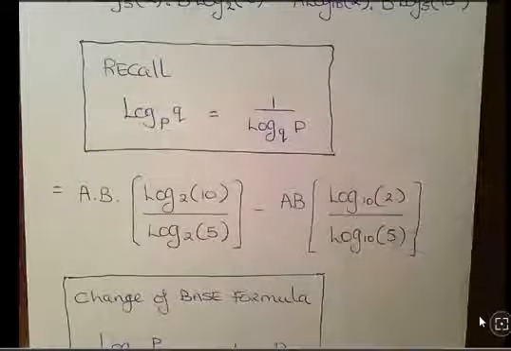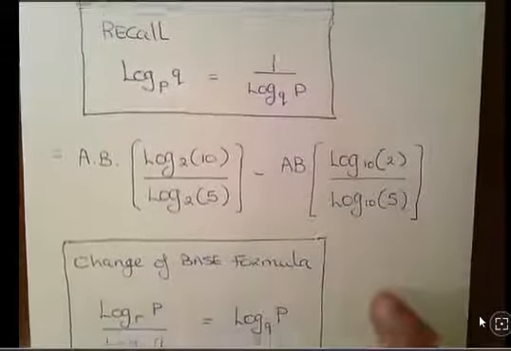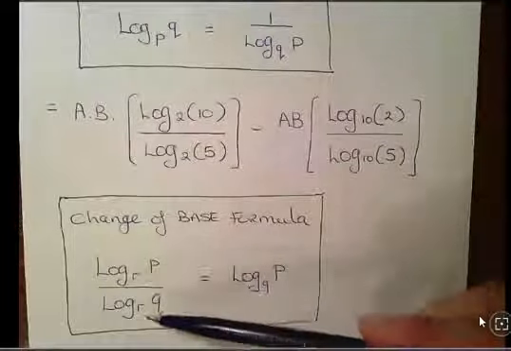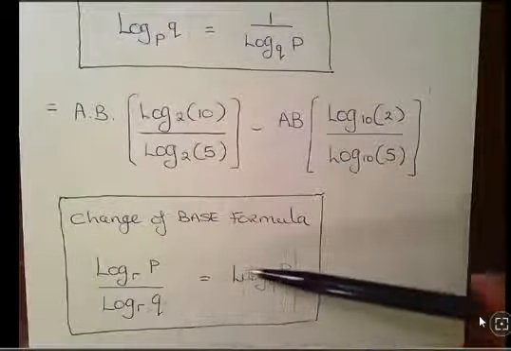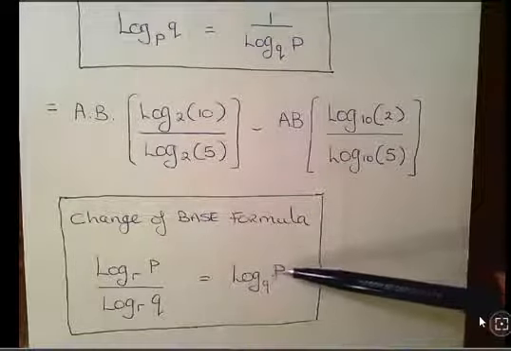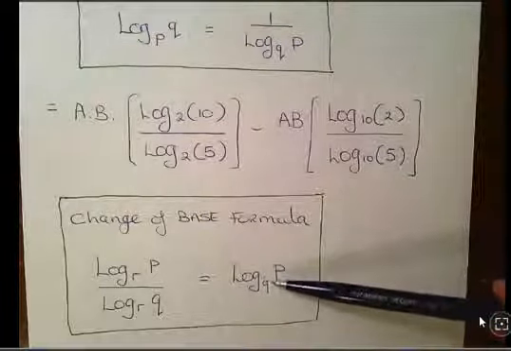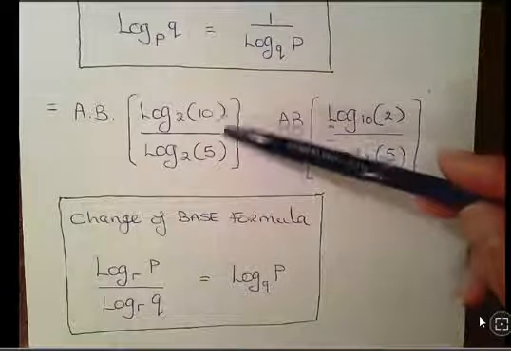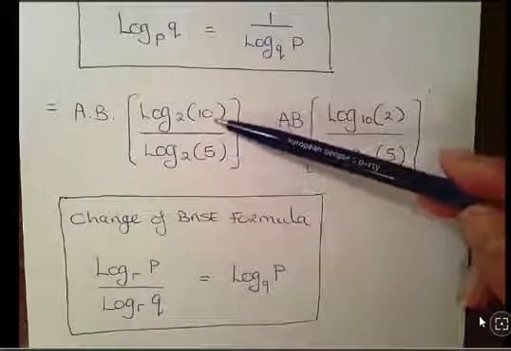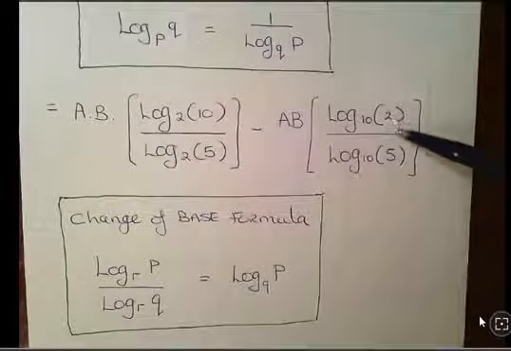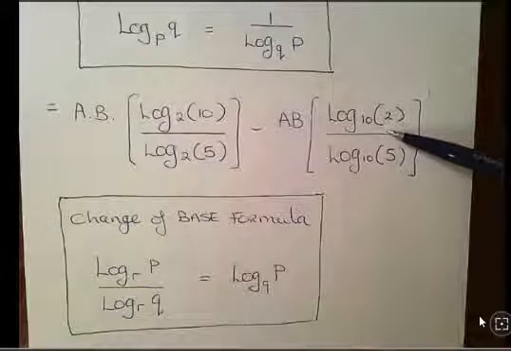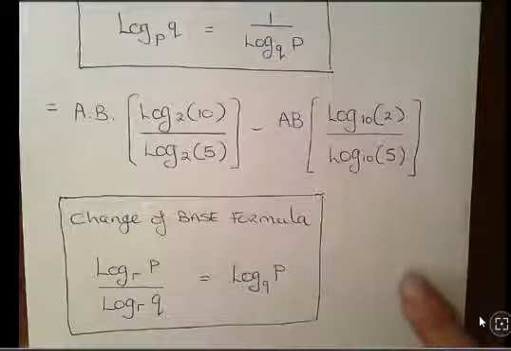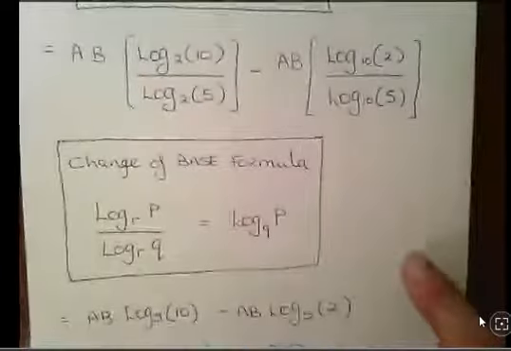Now we can use the change of base formula: log of P to the base R over log of Q to the base R can be re-expressed as log of P to the base Q. So this expression can be expressed as log of 10 to the base 5, and this one as log of 2 to the base 5, using that change of base formula.